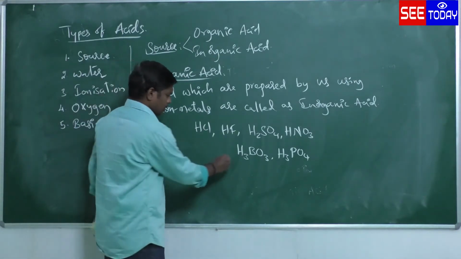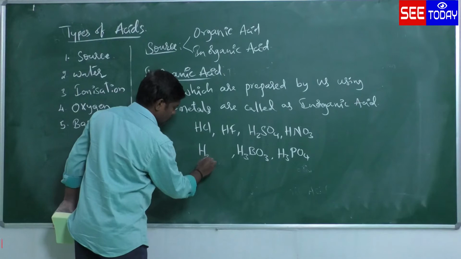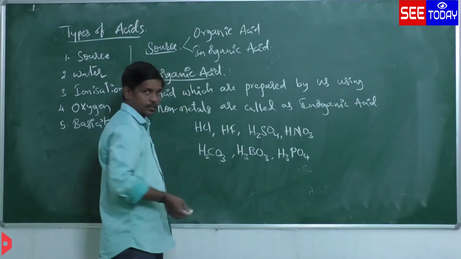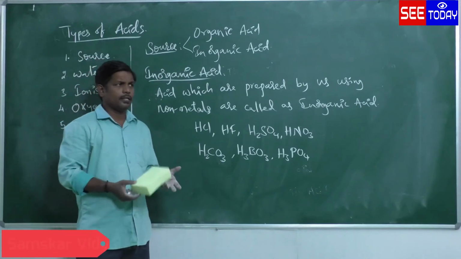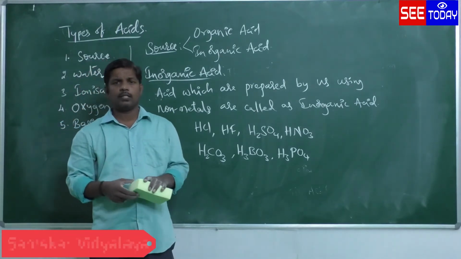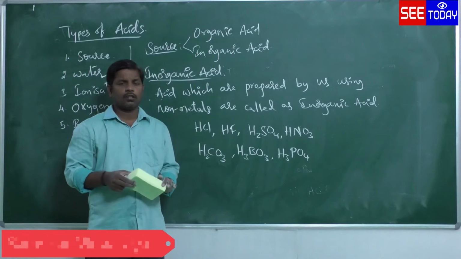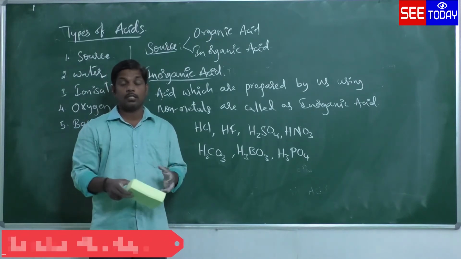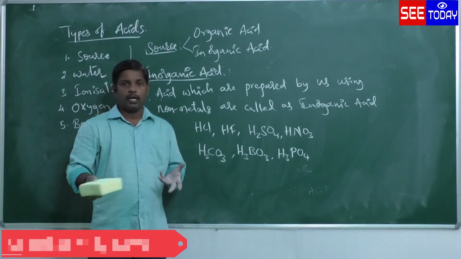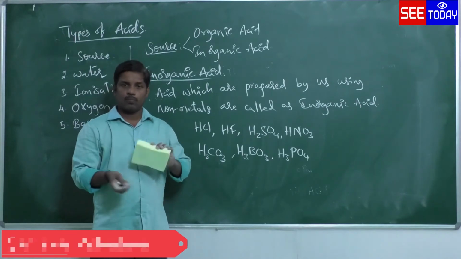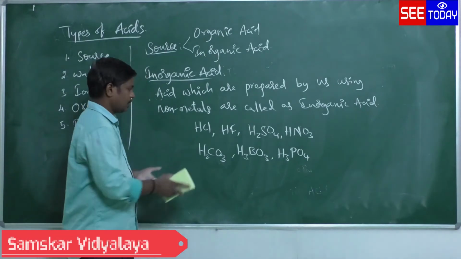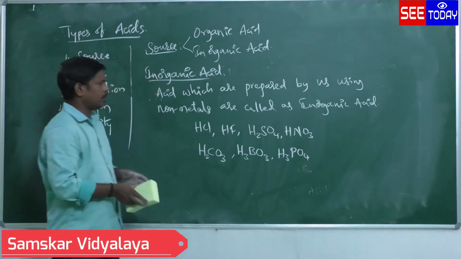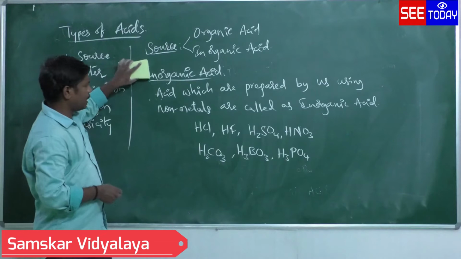And H2CO3, carbonic acid, is also one of the acids. In olden days, we assumed that these acids are not prepared artificially, but later on, scientists have prepared these acids artificially, right? So if you have not noted down, note down this by pausing the video.